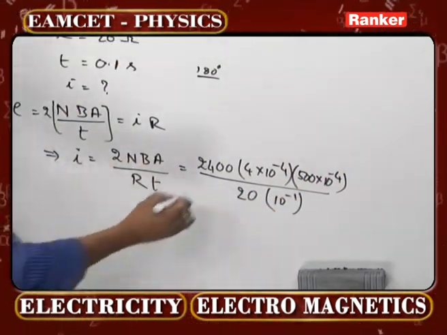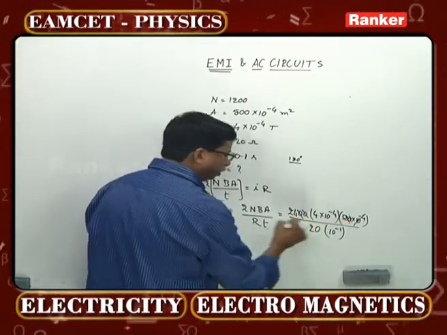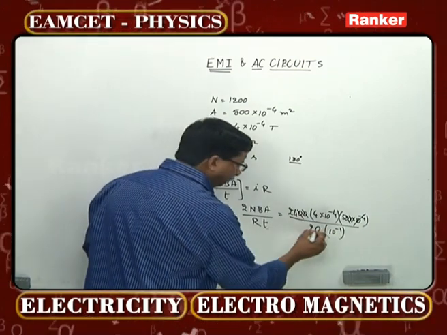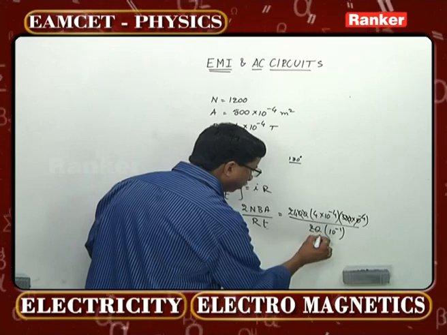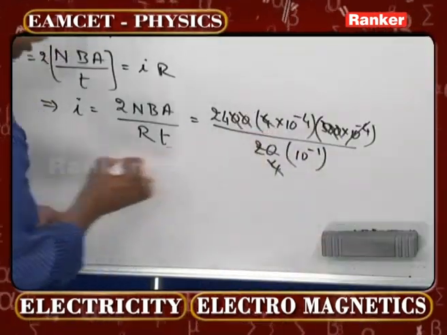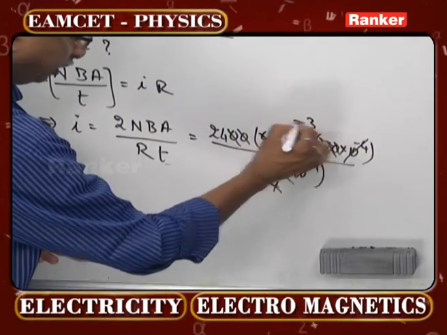Simplify that now. The 4 zeros and 10 power minus 4 I can cancel. This 20, of course 5 goes 4 times. 4 and 4 get cancelled. This now goes up, and it becomes 10 power minus 3.